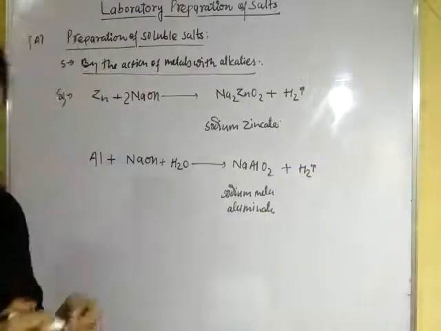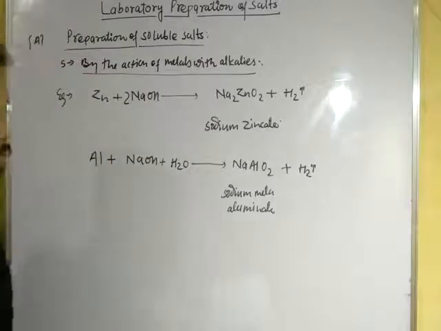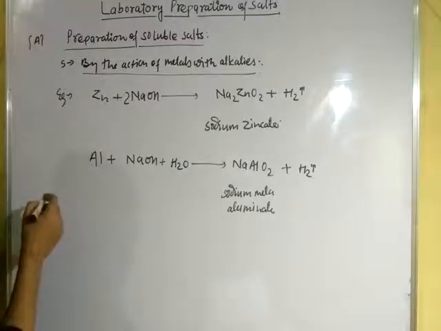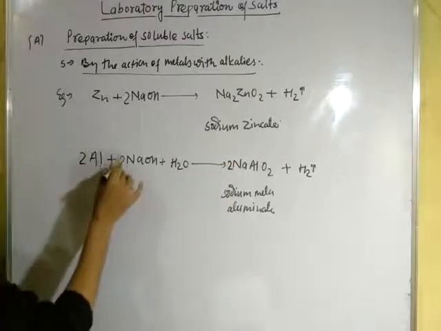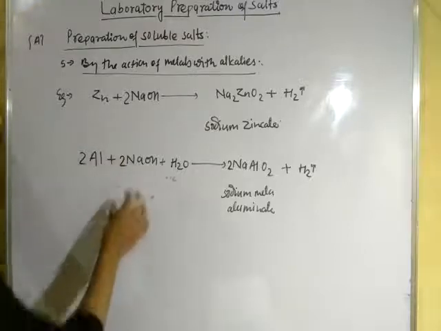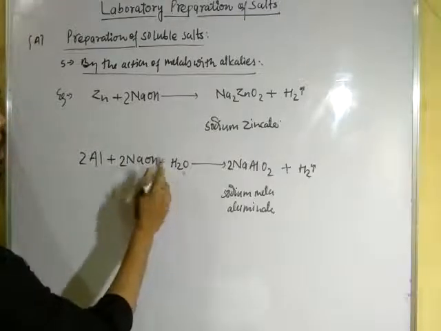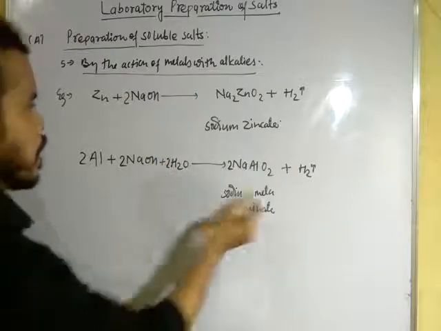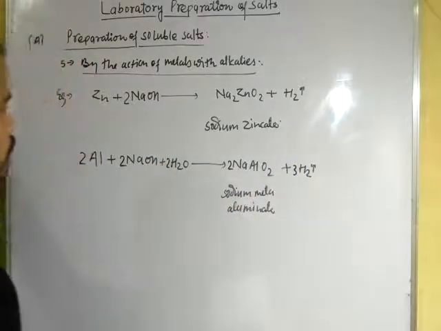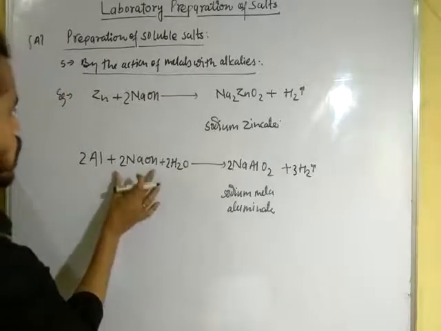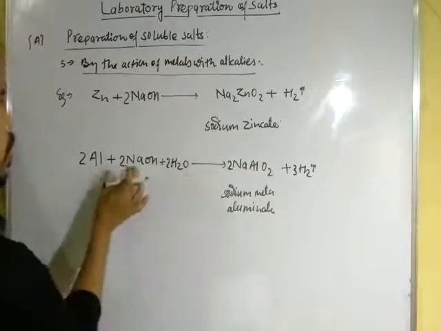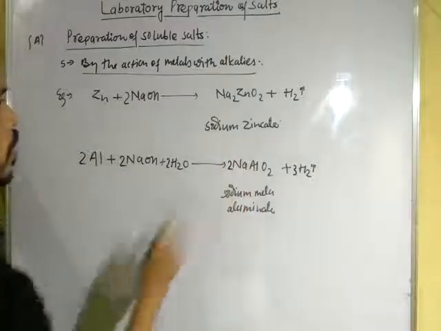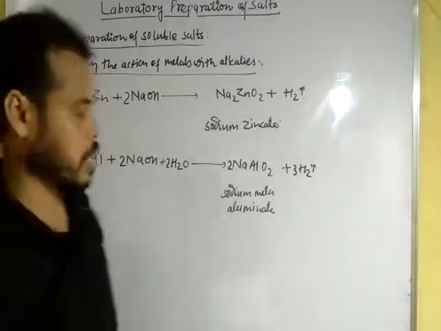To balance the reaction, multiply by 2. Then 6 hydrogen on each side, 2 oxygen, 2 sodium, and 2 aluminium on each side. This reaction is balanced.